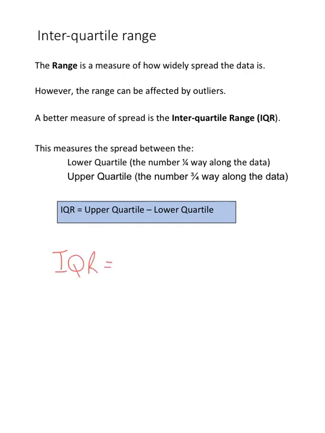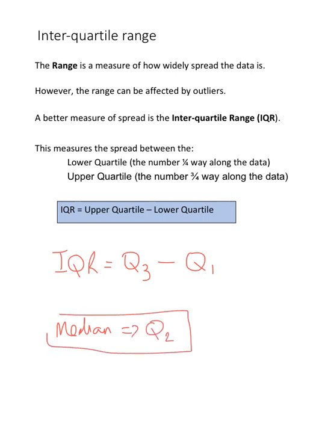The upper quartile is our Q3, and our lower quartile is our Q1. And our median, just making a point here, is Q2, our second quartile. Not exactly relevant here, but worth knowing.